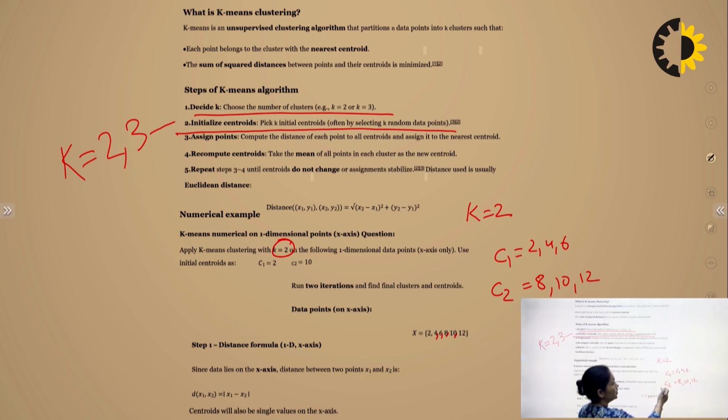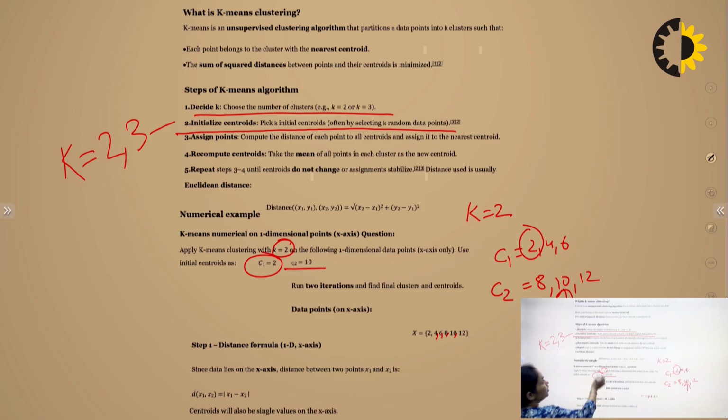So I'm taking 2 initially. I could have taken 4 or 6 also, but I'm going with 2 only. And similarly for C2, let's take 10, not the first element. So C2 I have taken 10.